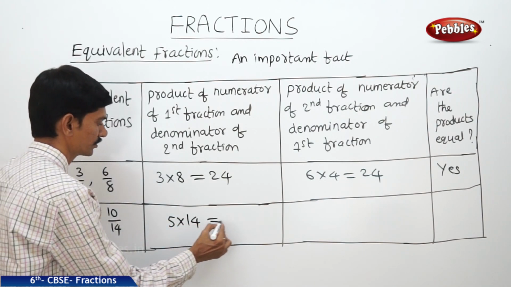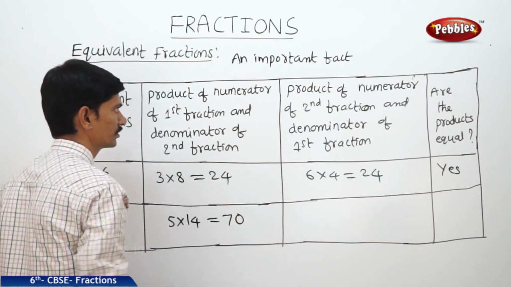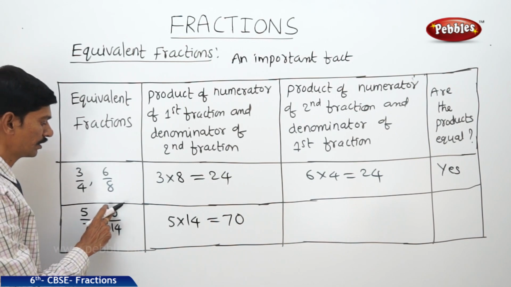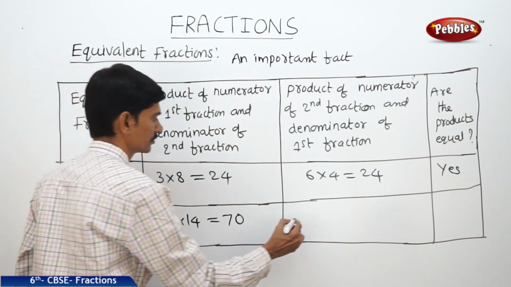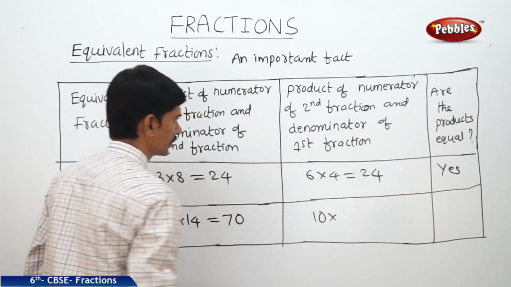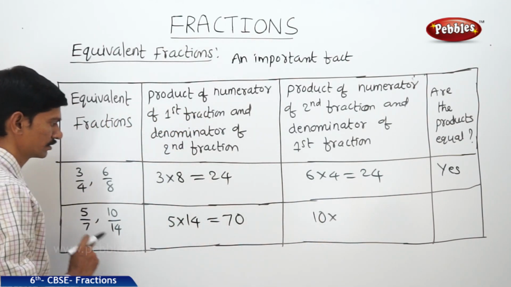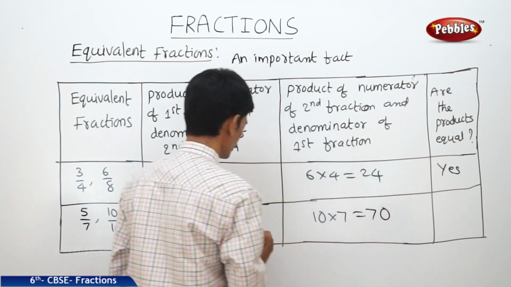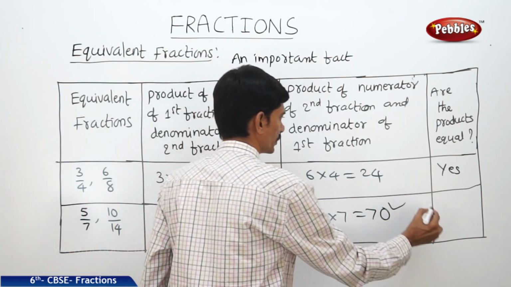So 5 fourteens are 70. In the next case, the numerator of the second fraction is 10 into the denominator of the first fraction, that is 7. So 10 into 7 equals 70. So here also we got the same product. So they are equal.